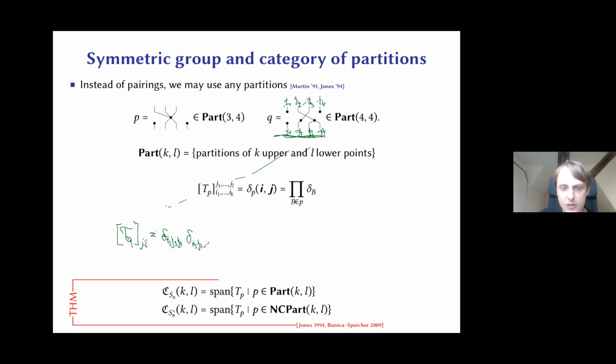J2. So you can see that it really extends the definition before, because this block is a pairing of 2 points, and it really corresponds to an identity going from here to here, because here I have this Kronecker delta here. So that's identity. Right.